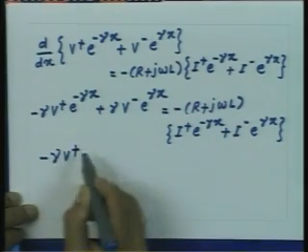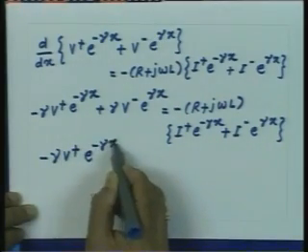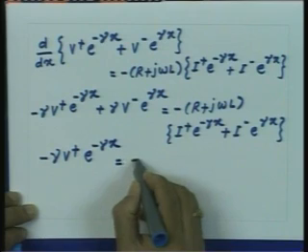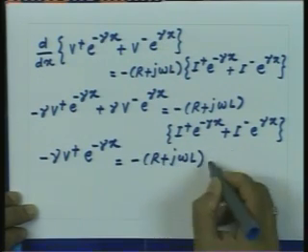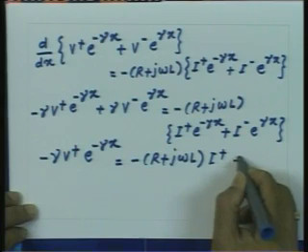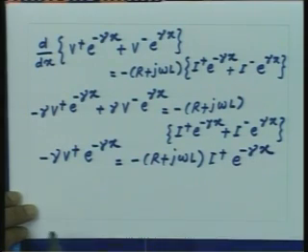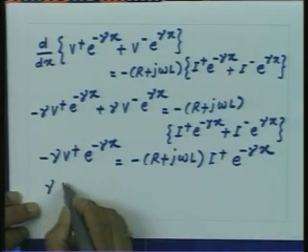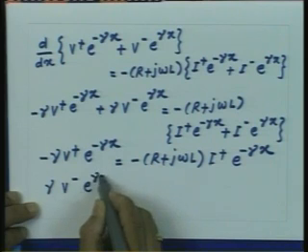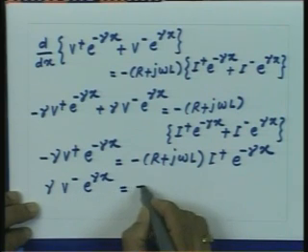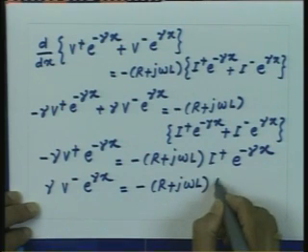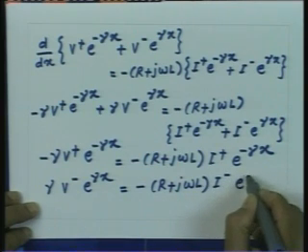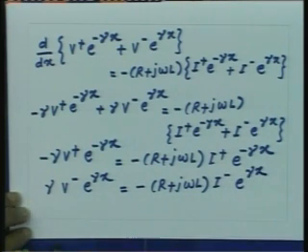I get minus gamma V plus e to the power minus gamma x is equal to minus (r plus j omega L) I plus e to the power minus gamma x, and gamma V minus e to the power gamma x is equal to minus (r plus j omega L) I minus e to the power gamma x.